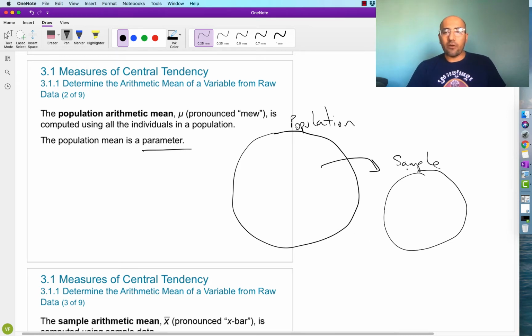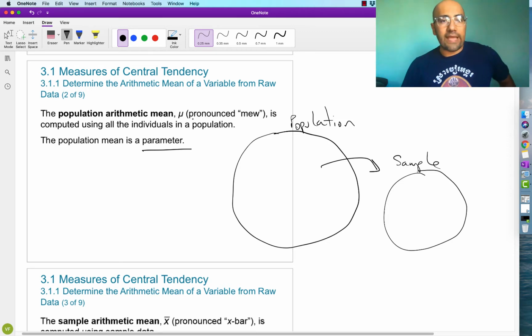When we are dealing with sample values, the characteristics of the sample are called statistics, with a lowercase s. When we're dealing with the mean of a population, we like to use this notational symbol, which is called mu, M-E-W, pronounced mu.